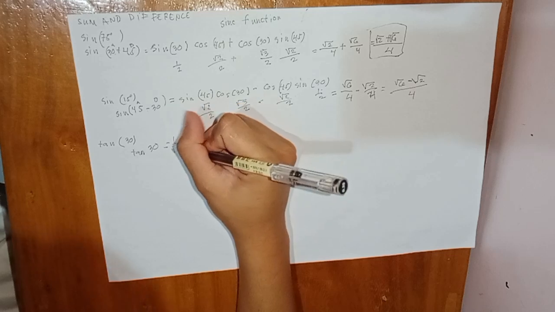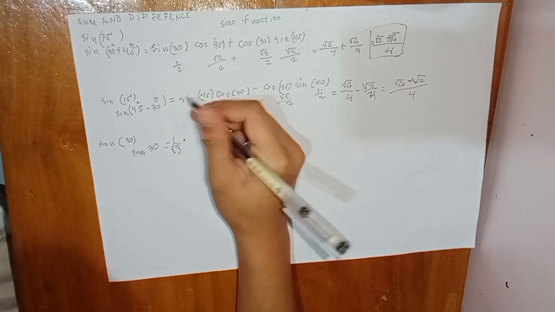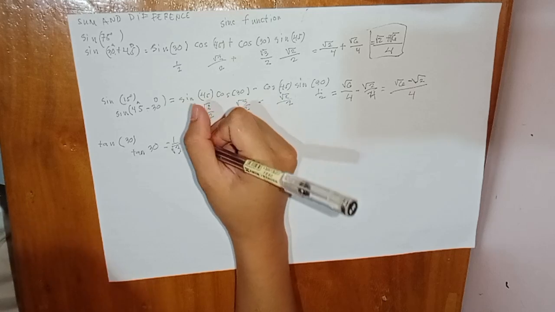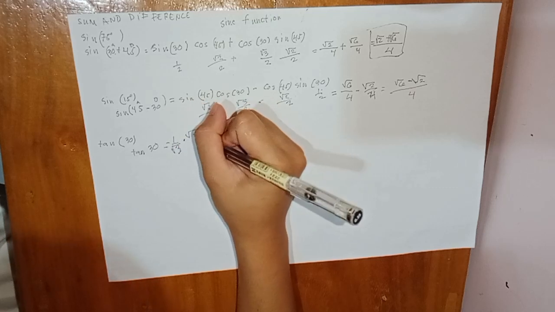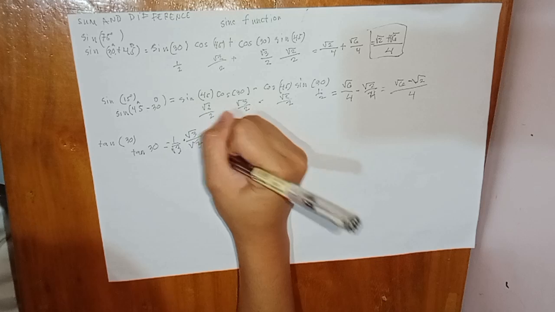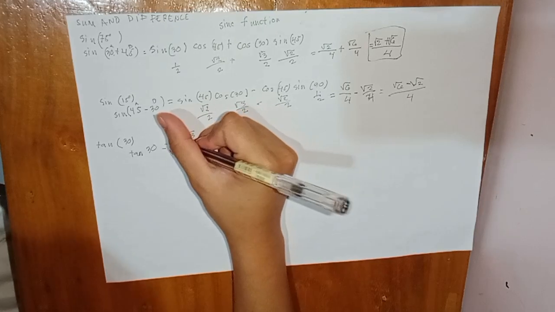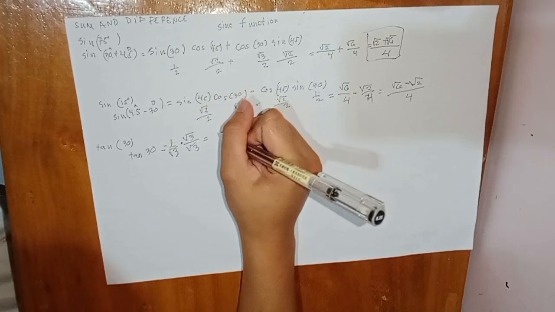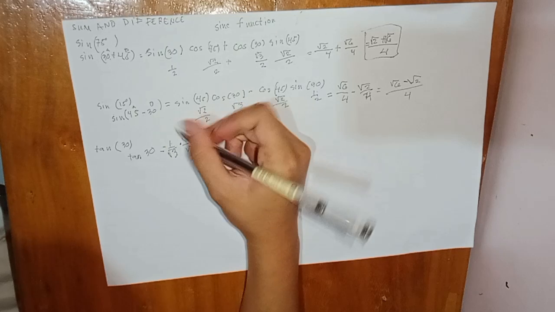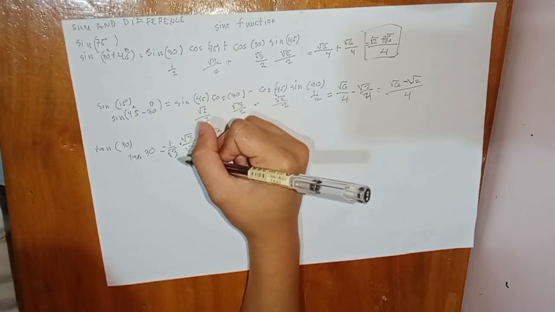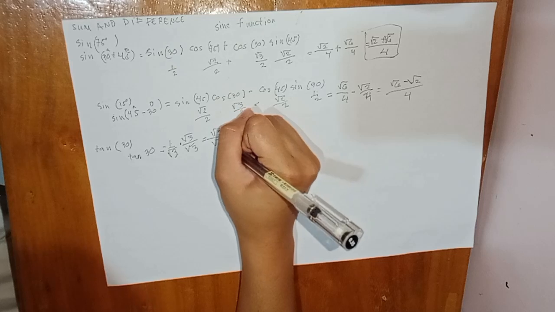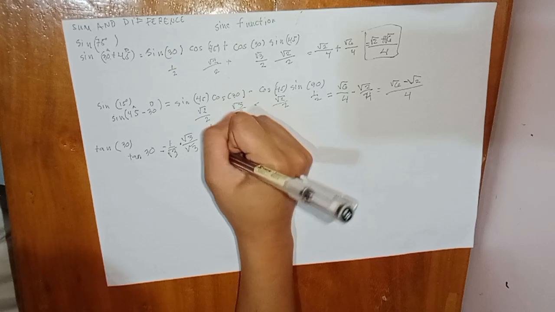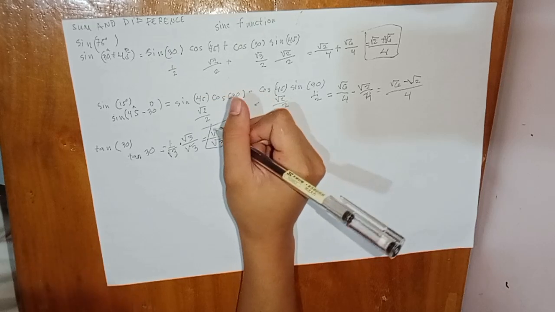The numerator is square root of 1 over square root of 3. In rationalizing, we must copy the denominator, square root of 3 over square root of 3. So 1 times square root of 3 is equal to square root of 3, and we copy the denominator because they are the same. So the answer is square root of 3 over 3. That's how we get this answer.